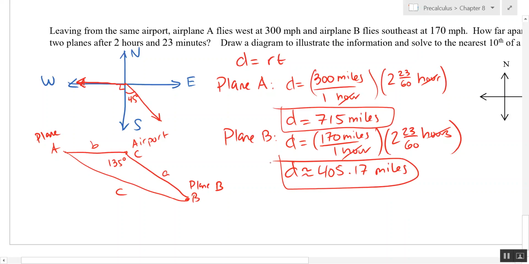So we've got those side lengths, and let's see if we can label them in our diagram. I'm going to say that plane A traveled 715 miles. That's this side over here. And the second plane went 405.17.